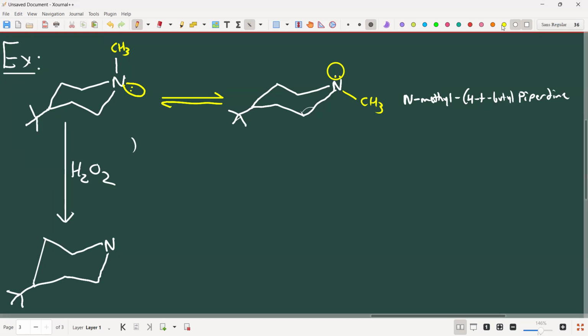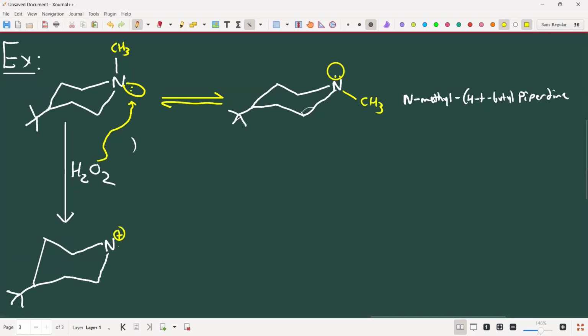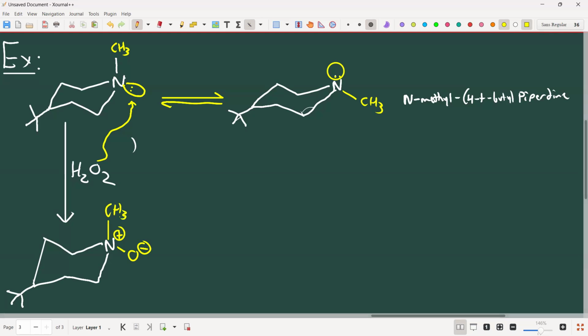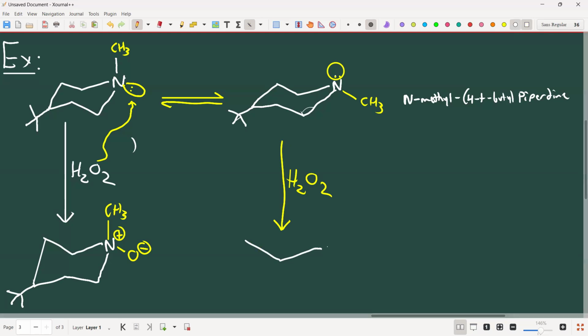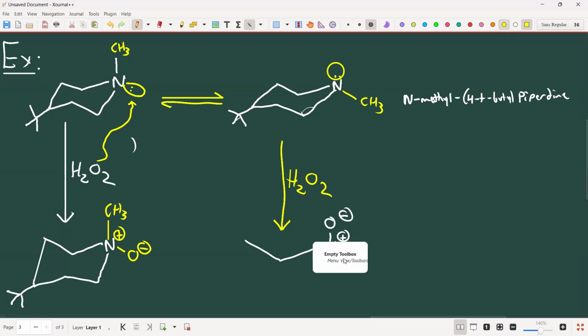And what happens is basically the O oxidizes this lone pair, so we get an N plus O minus zwitterion, with the CH3 group axial like this. Right. And we can also do the same thing to this, where we form the nitroso in the axial way, pointing up above the ring, and the methyl group is equatorial.